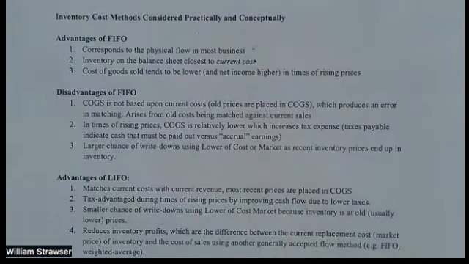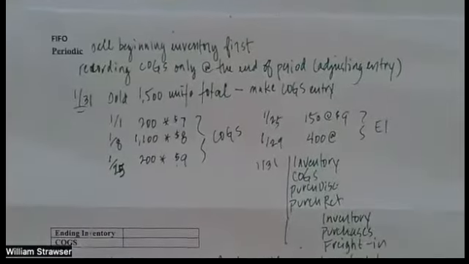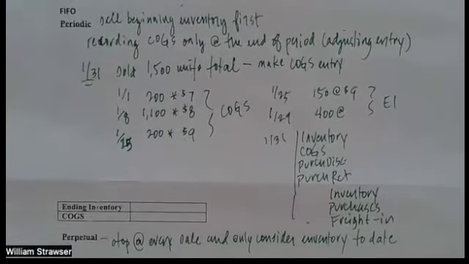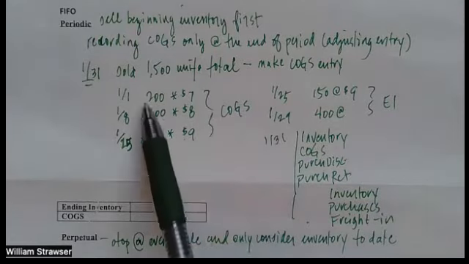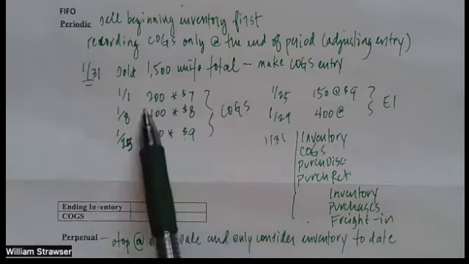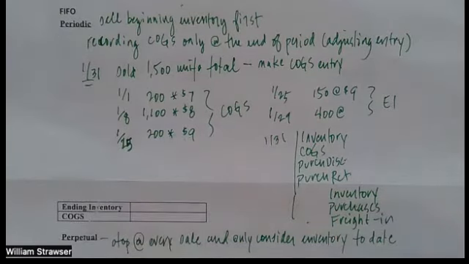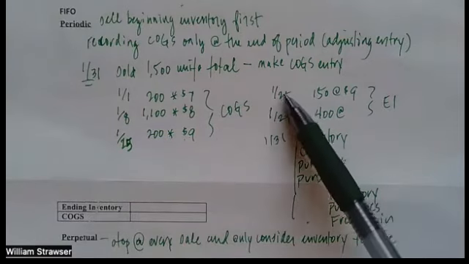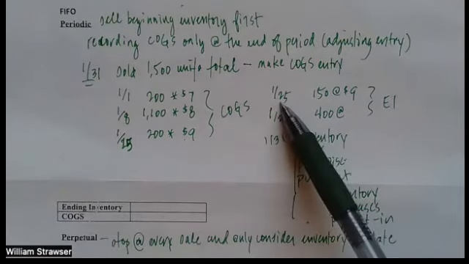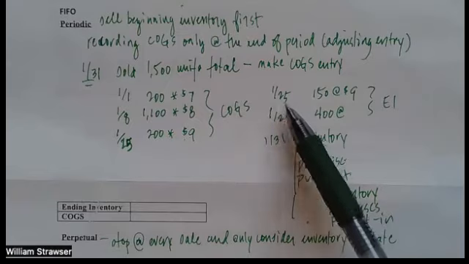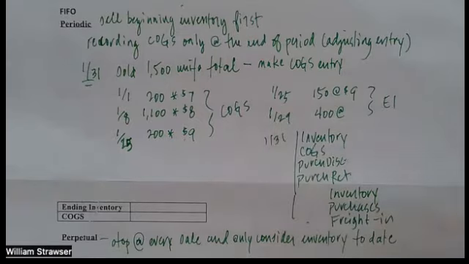So think about that in terms of when I was working my FIFO, and remember, it's the same under periodic or perpetual, but the stuff I was assigning to cost of goods sold was at 1.1, 1.8, 125. The stuff I was putting in my ending inventory was coming from the purchase dates of January 25th and January 29th.